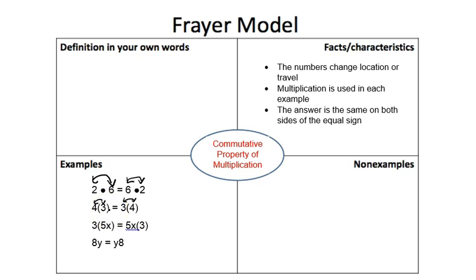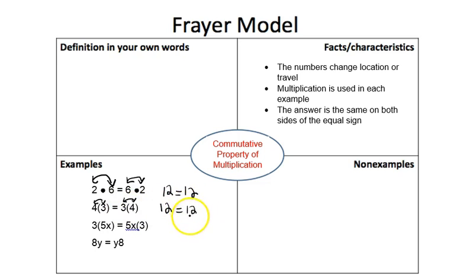And then finally, the answer was the same on both sides of the equal sign, or the product. In math, we use the word product as an answer to our multiplication equations. So 2 times 6 is 12, and 6 times 2 is 12. We have the same product on both sides. 4 times 3 is 12, and 3 times 4 is 12.